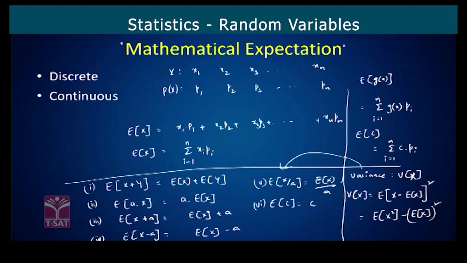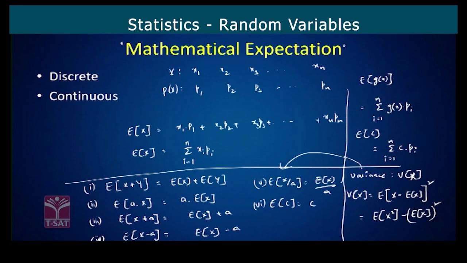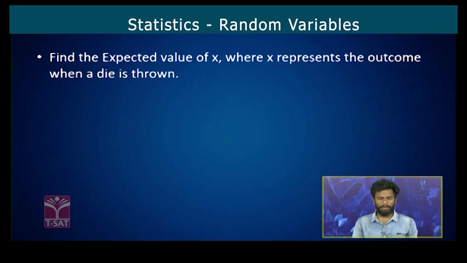Now we will see a small example on this mathematical expectation. Then we will see the continuous mathematical expectation in terms of continuous random variables. Check the example here. Find the expected value of x where x represents the outcome when a die is thrown. So first, take a random variable and the probability of x's.